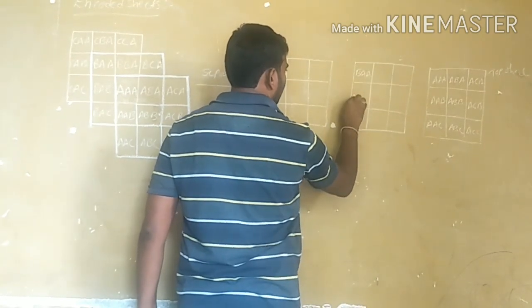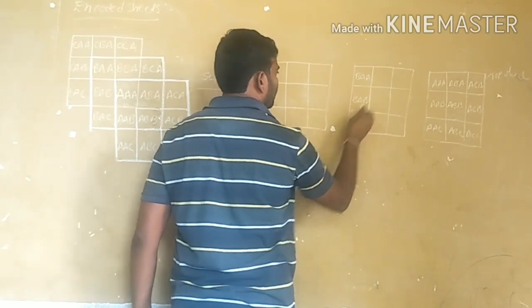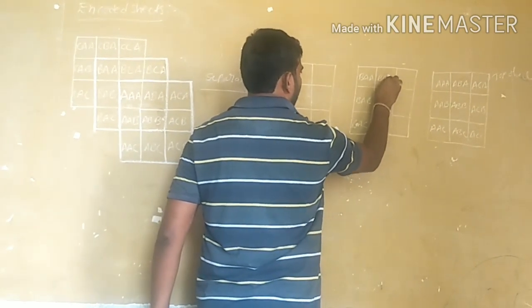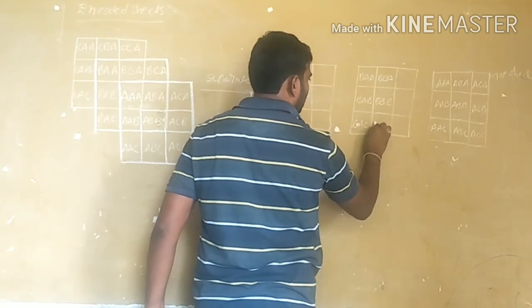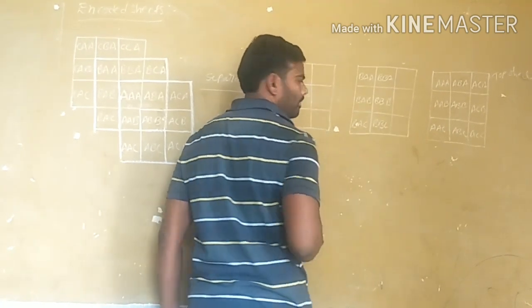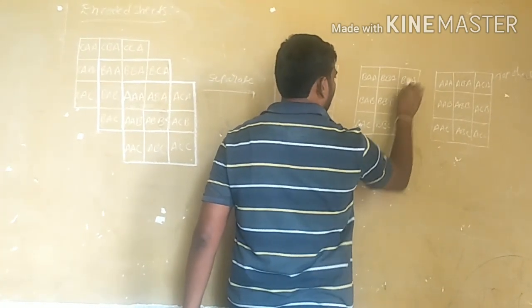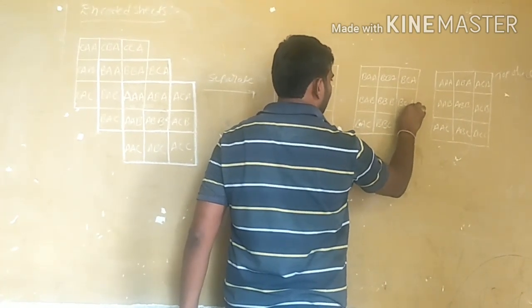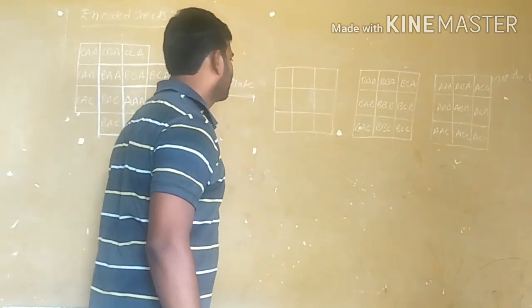Next middle sheet: BAA, BAB, BAC, BBA, BBB, BBC. Next BCA, BCB, BCC. Middle sheet.